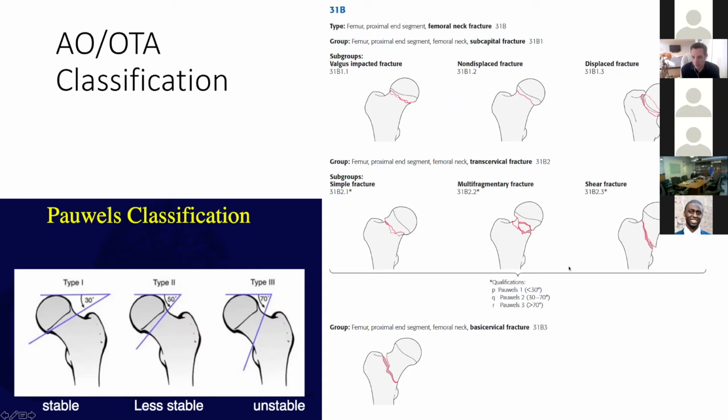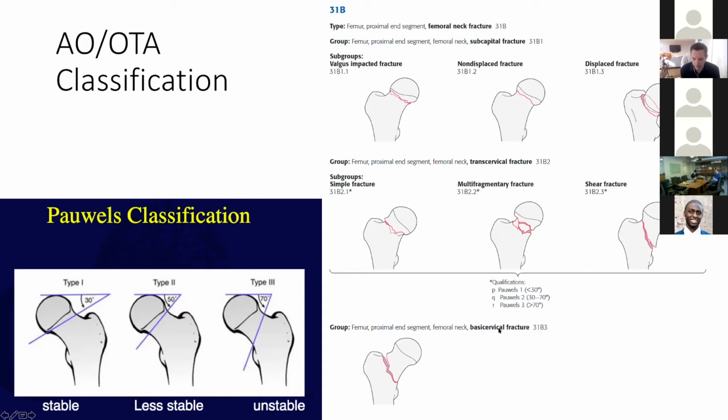But you can add to each type the Pauwels classification, which is the direction of the main fracture line, depending on how horizontal it is. So Pauwels 1 would be horizontal, Pauwels 2 would be 30 to 70 degrees, and Pauwels 3 vertical.